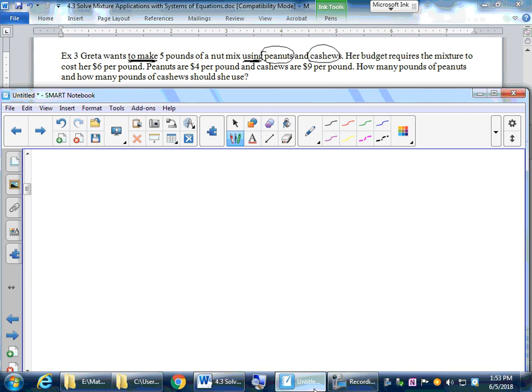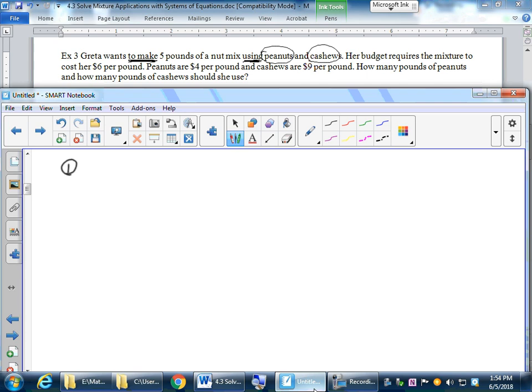Her budget to get the mixture is $6 per pound, and she's using $4 per pound of peanuts and then $9 per pound of cashews. So now the question is how many pounds of each type should she use, right?